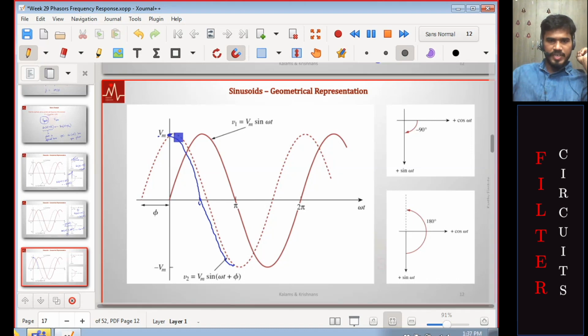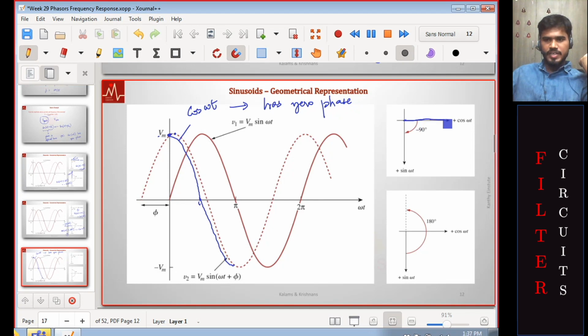It has its peak exactly here. Notice the dotted curve has a peak slightly to the right of this axis, right? The peak is exactly there. That function is cos omega t. That function by convention has zero phase. So when we are trying to understand phase, having cos omega t in the x-axis and sine omega t in the y-axis, we'll keep all our mathematical relations intact. And this is, of course, by convention.